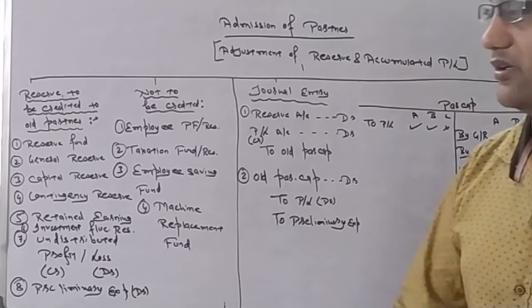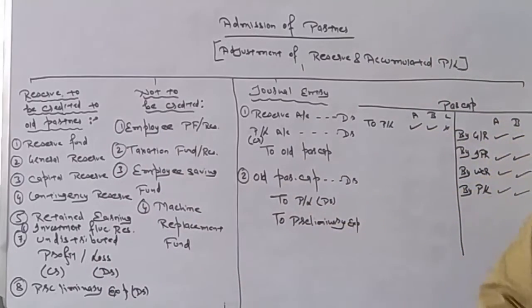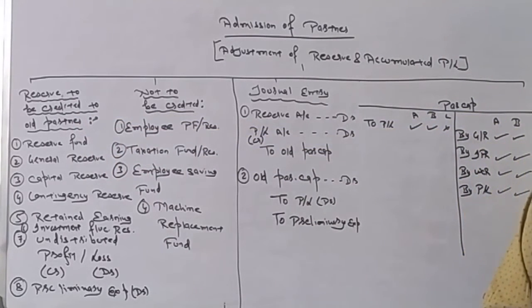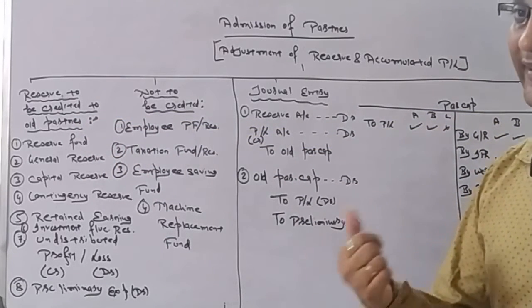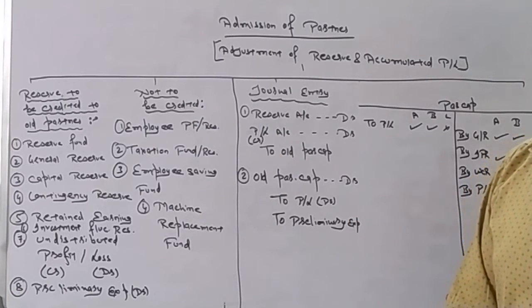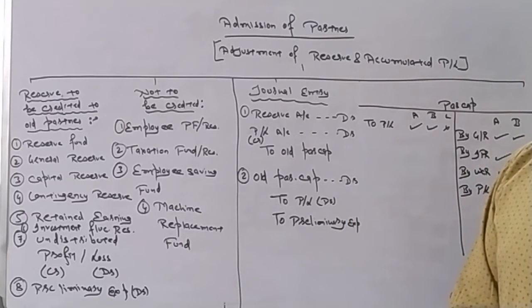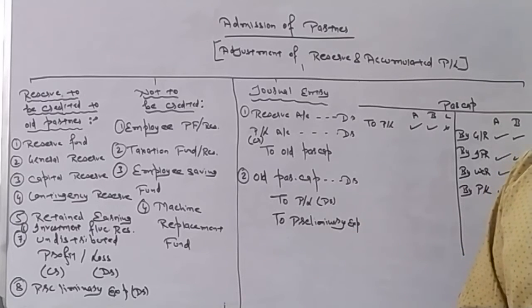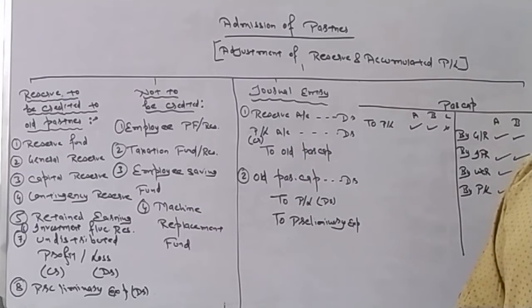First, let's discuss the list of the reserves and PL. Reserves to be credited to old partners. That means in the partners' capital account, we will write on the credit side. That means we will distribute the amount of reserve among the partners.